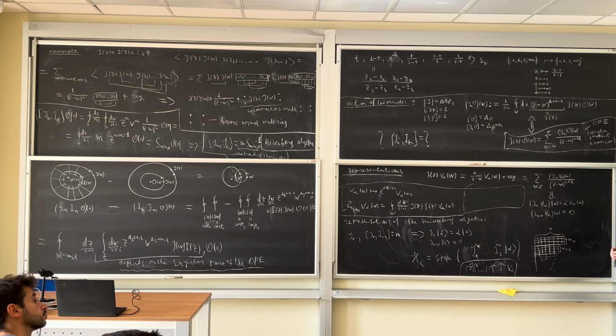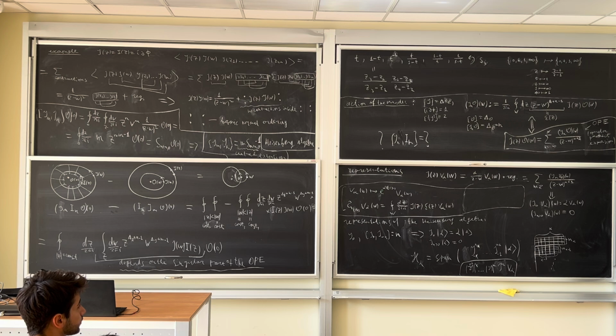These fields can also be studied, but it is something more complicated. So maybe they will correspond to coherent states of this Heisenberg algebra, like exponent of j minus 1, minus 2, and so on.